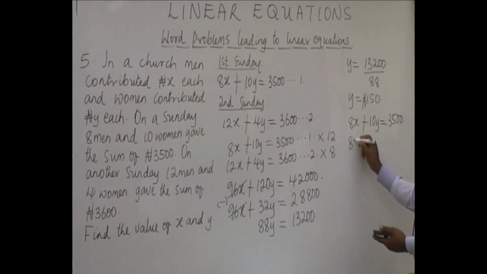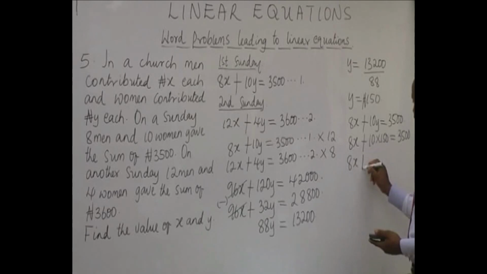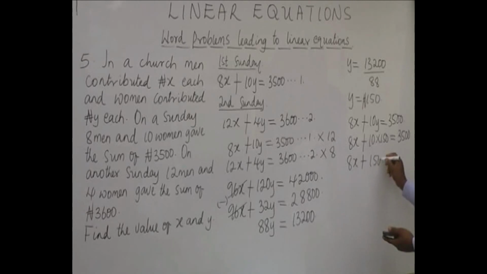That means use 150 to replace y in that equation. This is giving us 8x plus 10 times 150, which will give you 1,500, is equal to 3,500. Only 8x is left by subtracting 1,500 from both sides.